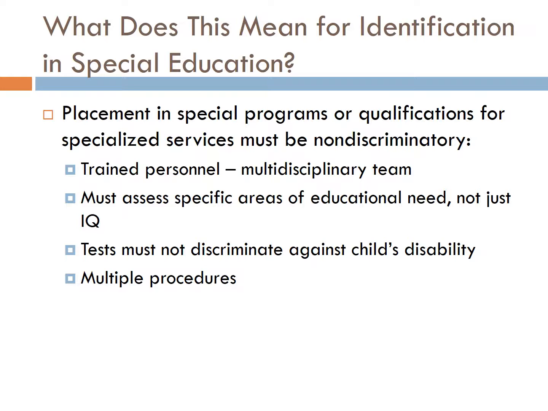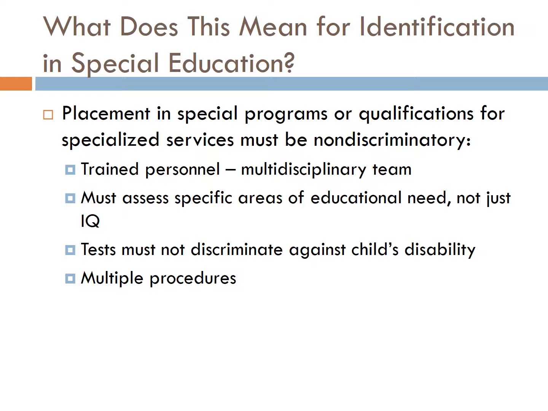You must assess specific areas of educational need and not just IQ. So it's not just enough to give students an IQ test, but you use other assessments such as cognitive assessments and emotional assessments to understand the student's learning needs. The test must not discriminate against the child's disability.